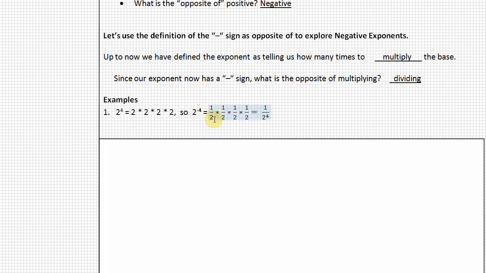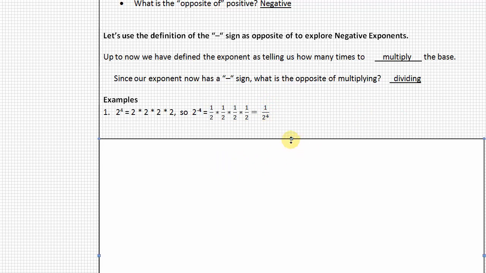That would be the first negative exponent. Multiply that by 1 divided by 2 again, and 1 divided by 2 again, and 1 divided by 2 again. I end up with 1 over 2 to the 4th. So 2 to the negative 4th power simplifies to be 1 over 2 to the 4th power. We're no longer just multiplying by that base number, we're dividing by that base number.